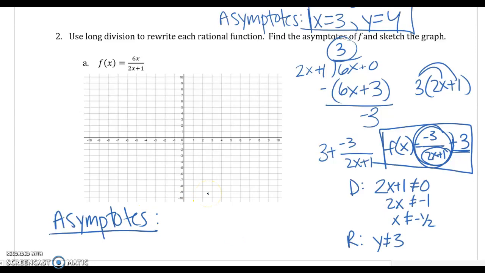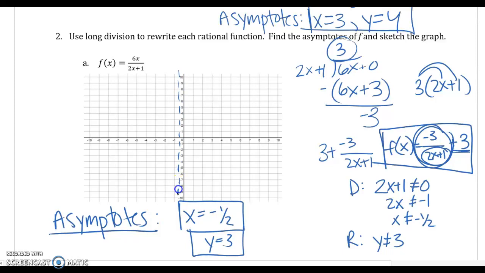So we have x equals -1/2 for our vertical asymptote, and y equals 3 for our horizontal. So x equals -1/2, go right there, y equals 3, go right there. You can pick a test point.